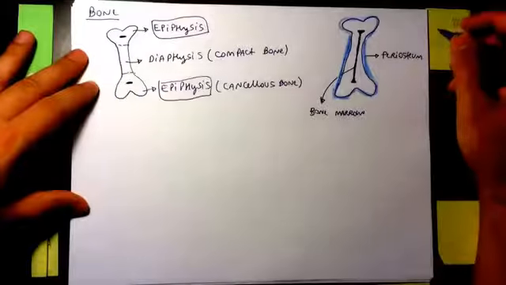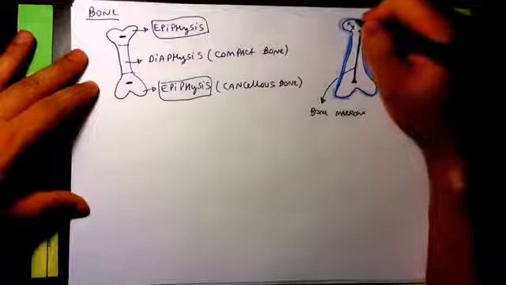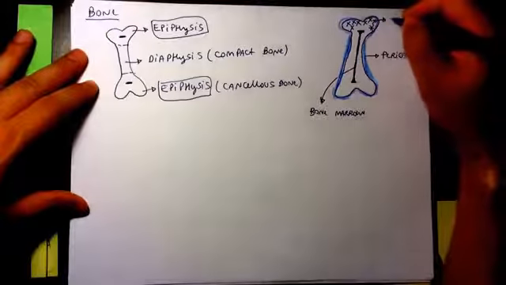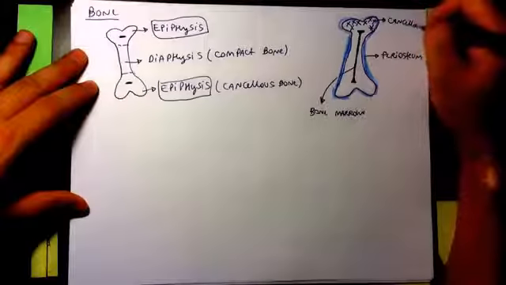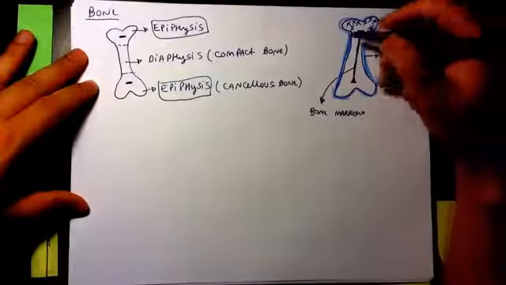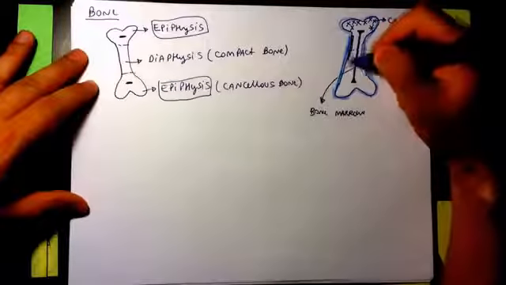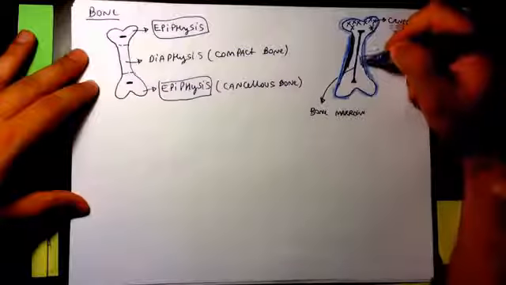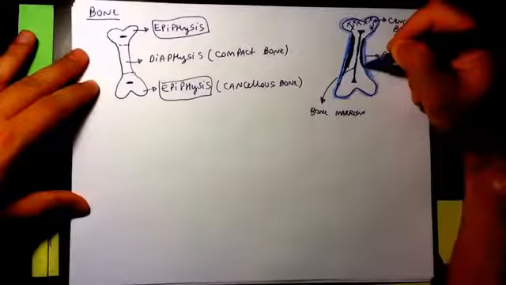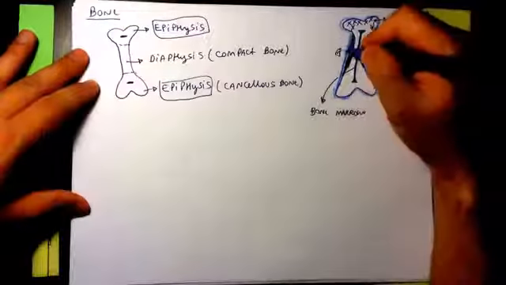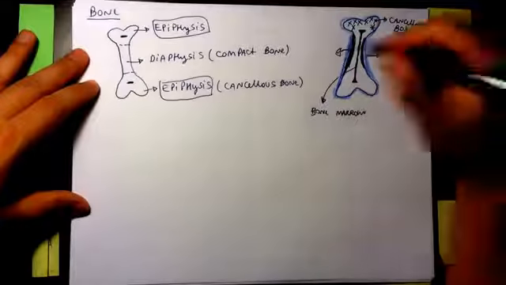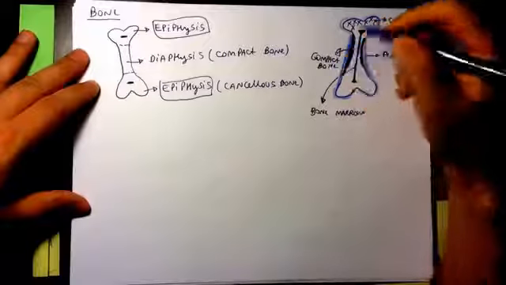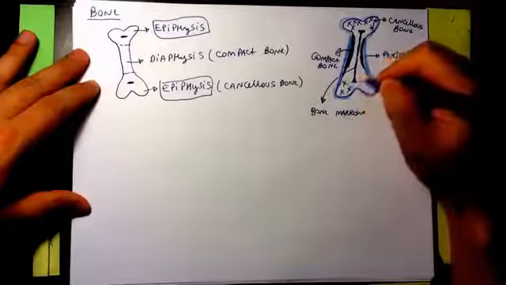So as I told before, here we're gonna have trabecular bone or cancellous bone. But here and here you're going to have compact bone. The same thing happens over here.